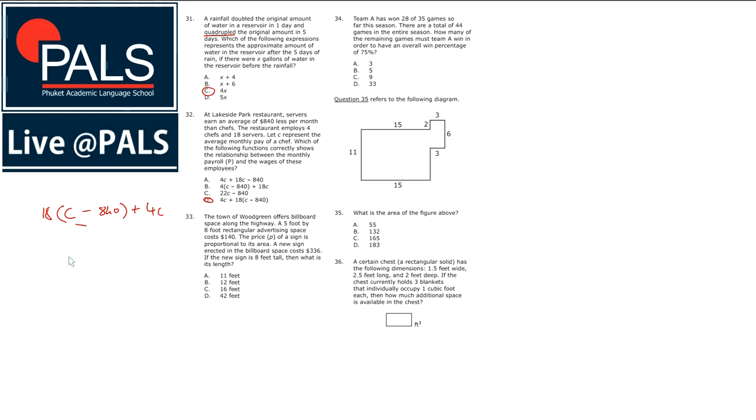So that means area. So first we need to figure out the area of the first. 5 times 8 is 40 square foot. So that will cost us 140. Now we can do a simple ratio equation here.